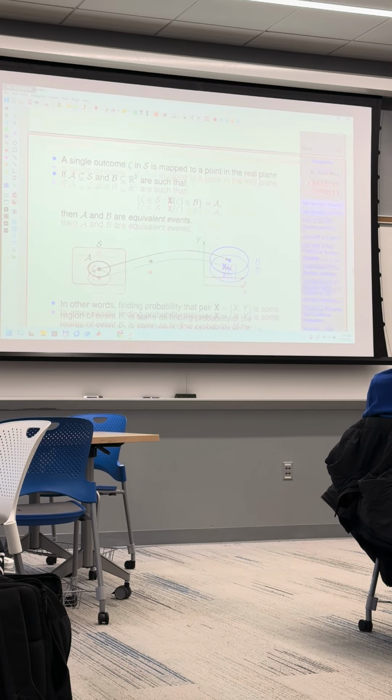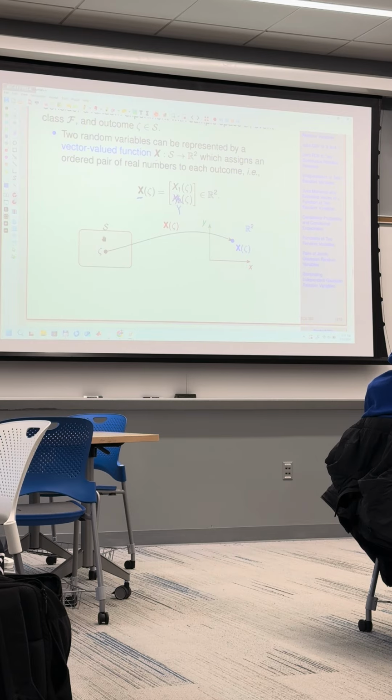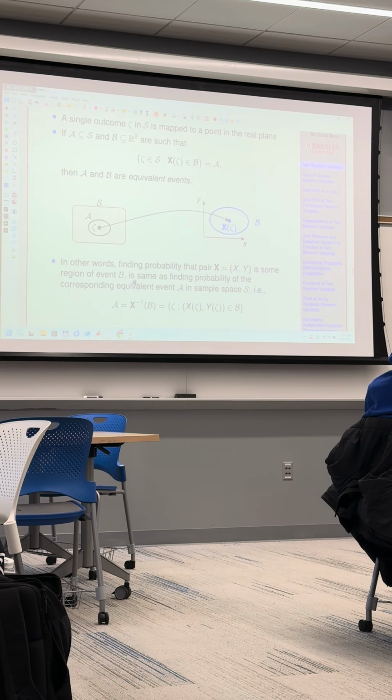All right. Now let's talk about an event. We talked about a single outcome; now an event. An event in the sample space is identified with the letter A, which is basically a bunch of outcomes from the sample space. This event is mapped to another event on the two-dimensional space.